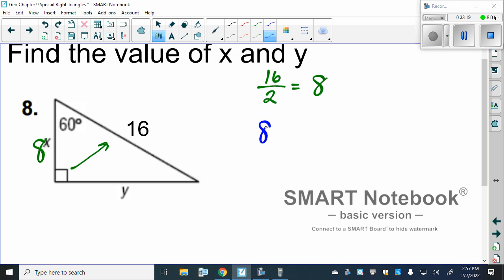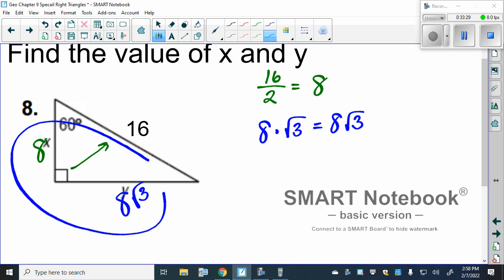To get to the long side, we take the short side and multiply it by the square root of 3, which would be the long leg. And that's it. So if we're given the hypotenuse, we divide by 2 to get to the short side, multiply by the square root of 3 to get to the long. Questions on this here?